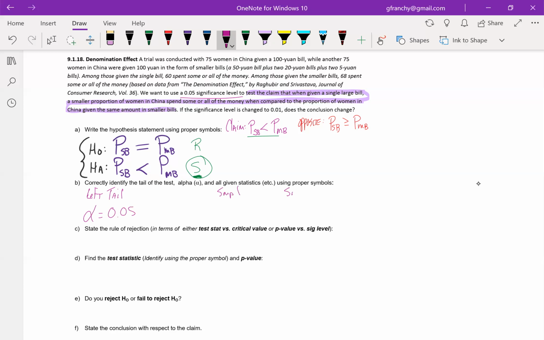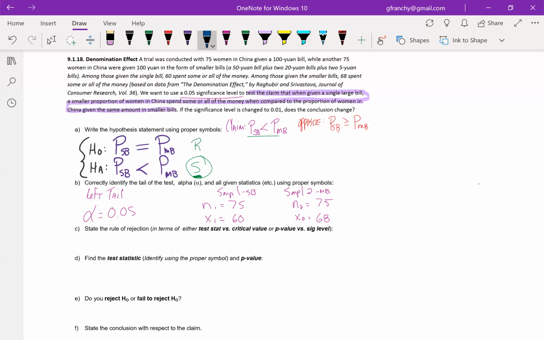And then we've got sample 1, sample 2. That is the single bill, that is the multiple bill. There was a total of 75 in each group. 60 did spending with the single bill, 68 did spending with the multiple bills.